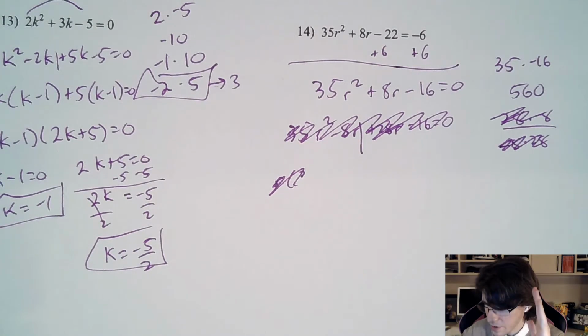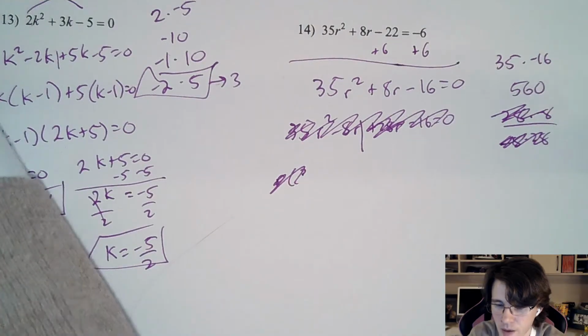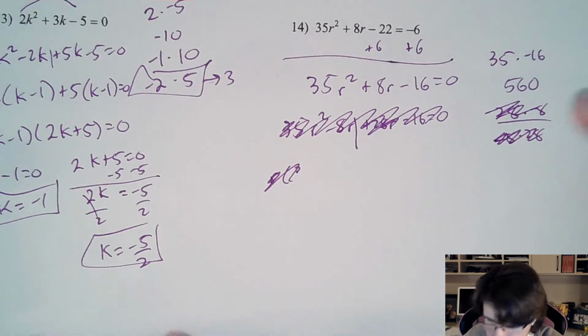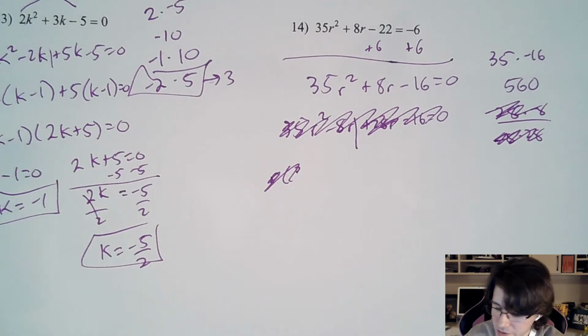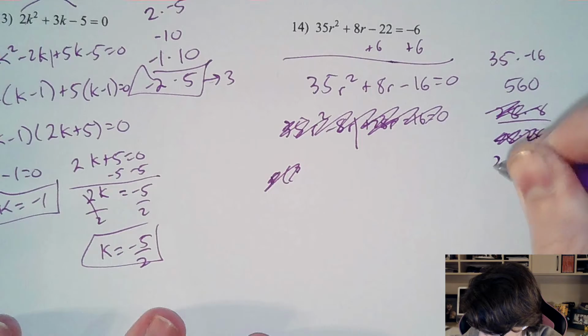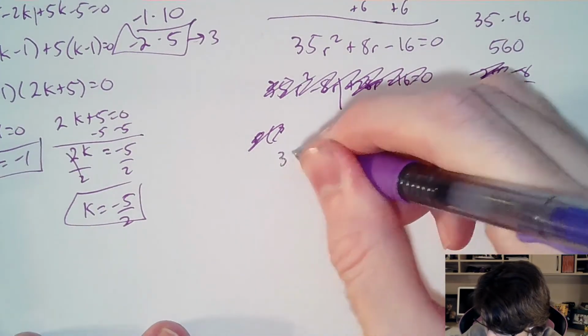I have no idea what just happened. So, I apologize. 28 and 8 obviously do not work, but what does work instead is going to be 20 times 28. So I don't know exactly why I am failing in my brain right now, but those are the two numbers. I apologize, everyone.